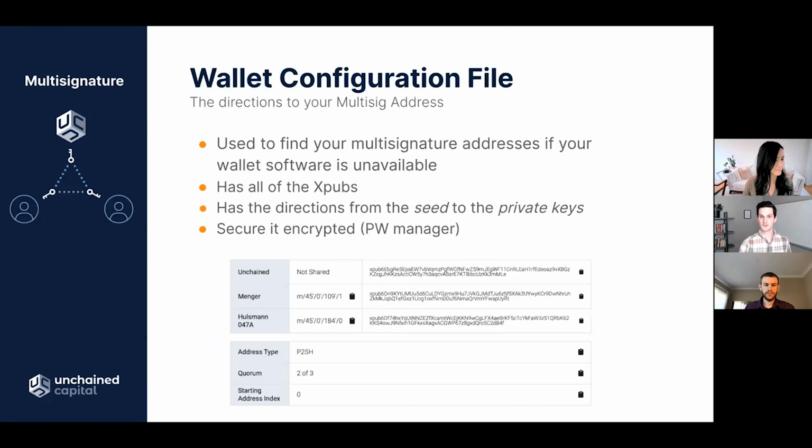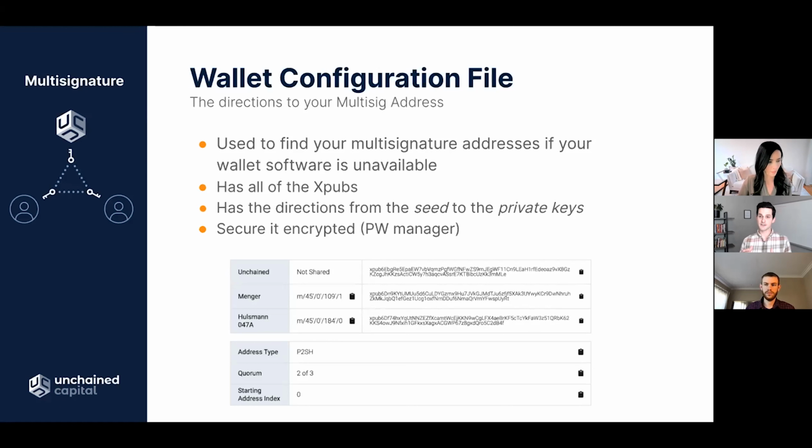All right. So the last thing here is the wallet configuration file. The wallet configuration file can be thought of as directions to your multisig address. This is something that we show all of our clients how to download and how to store securely. I like to also use the analogy of the blueprint or fingerprint behind each of your multisig wallets or vaults.